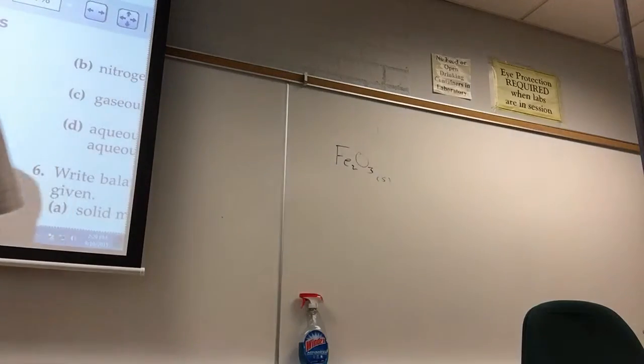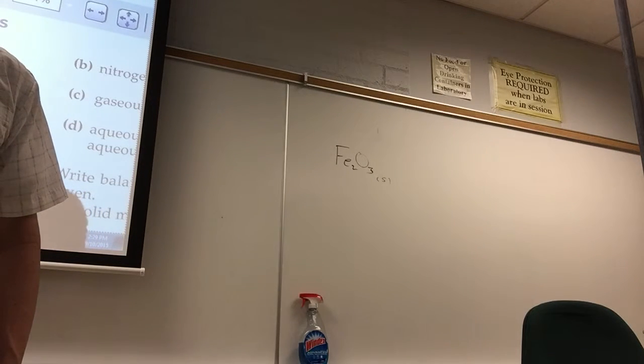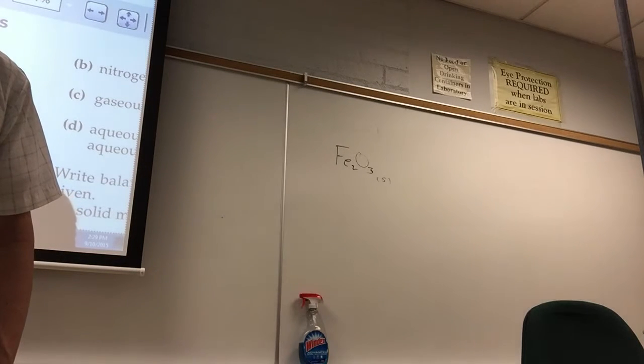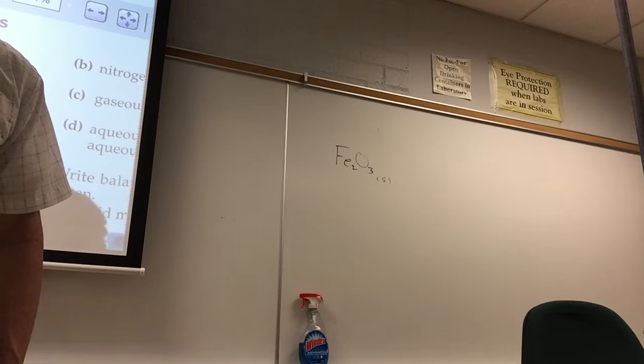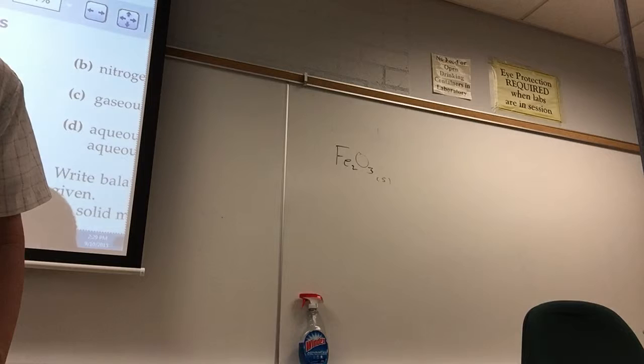Strong oxidizer? Strong reducer? Neither. If you were to pick one, what would you pick? Oxidizer or reducer? Reducer? Why would you pick reducer? Anybody? Or oxidizer? Why would you pick oxidizer?